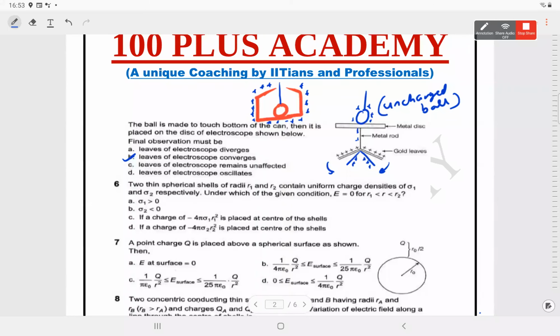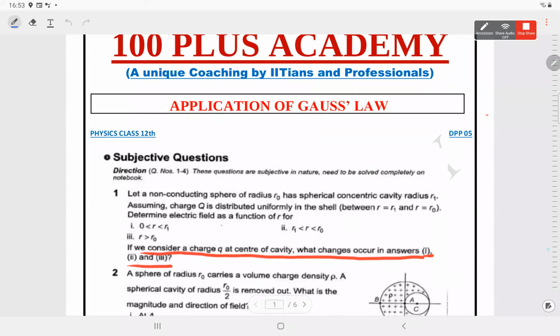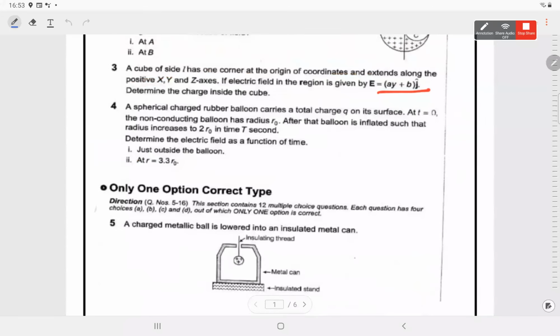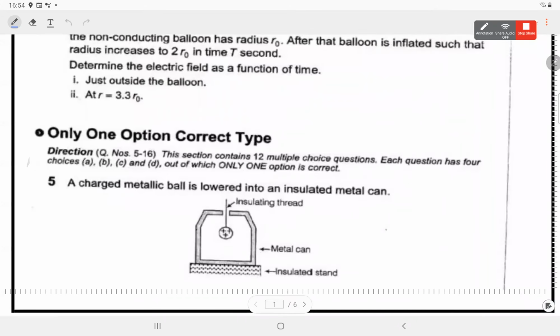First, a metal ball inside a metallic can was hanging from an insulating thread. When it touches the bottom, the charge of the metallic ball goes to the metal can. Because charge cannot exist inside, the whole charge of this metallic ball goes on the outer surface, and this ball becomes neutralized.